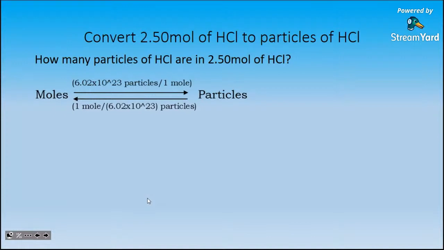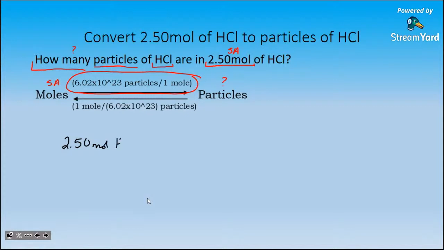So in this problem, it's asking me how many, so there's my question, particles of HCl, my substance, are in 2.50 moles of HCl. So my starting amount in moles, particles is my question. Again, I'm going to use the upper portion of that roadmap. So 2.50 moles of HCl times a conversion factor.